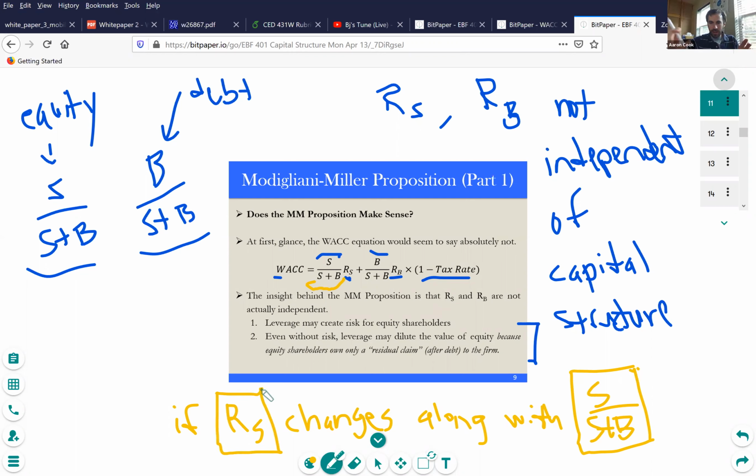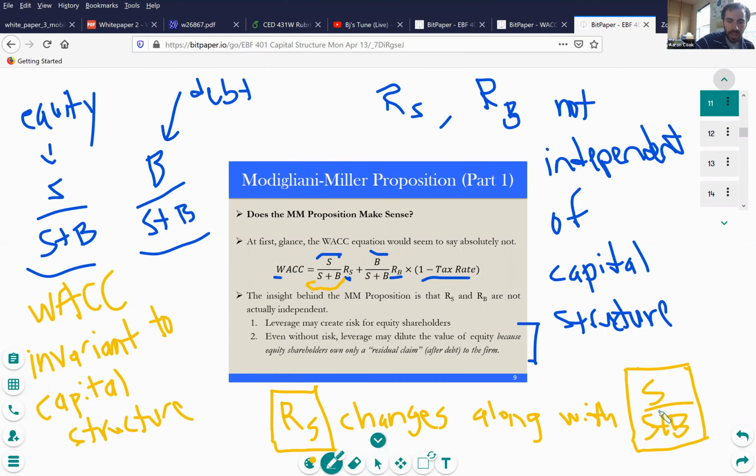So changing the equity share is going to influence RS to the extent that those effects exactly cancel each other out, and the WACC is going to turn out to be invariant to capital structure. If RS changes enough to compensate for that change in S over S plus B, then we're in a world where WACC is completely independent of capital structure.